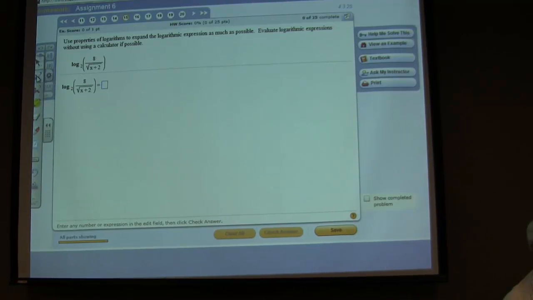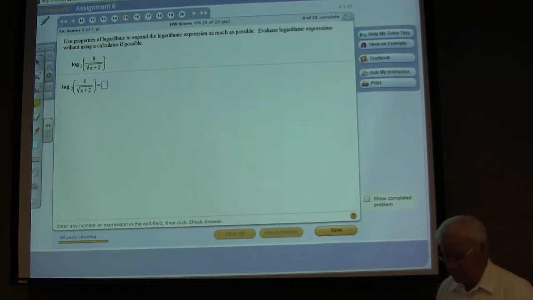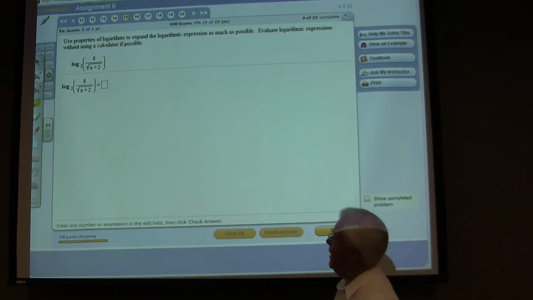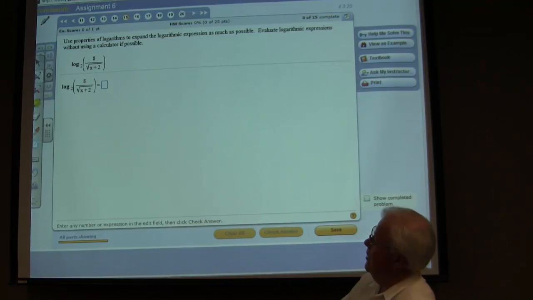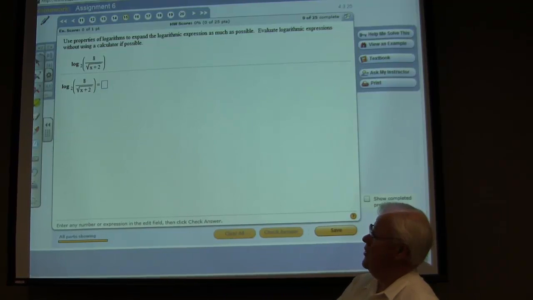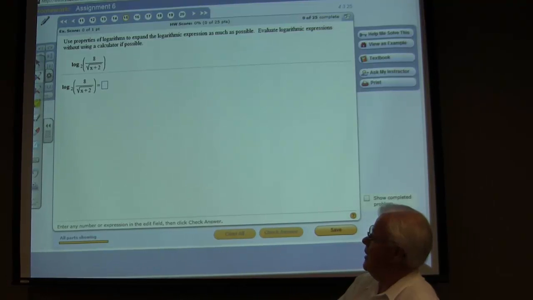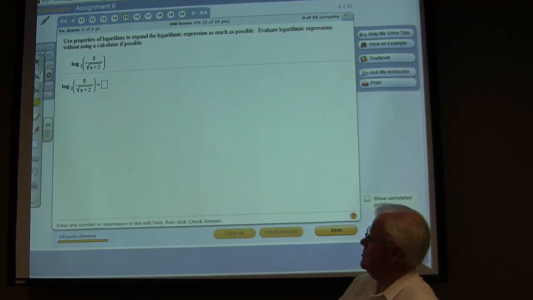Well, let's see if we can do one that has a little more complication to it. Can we expand this one? As I look at the expression in parentheses, what I chiefly see is a fraction or a division going on. That's 8 divided by the square root of x plus 2.